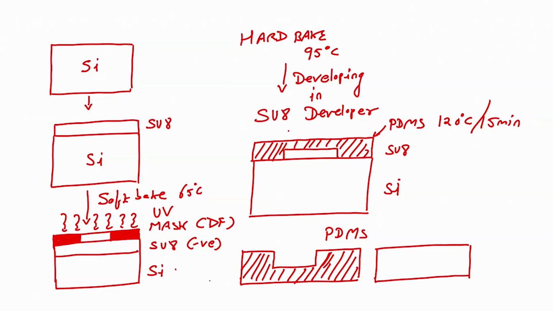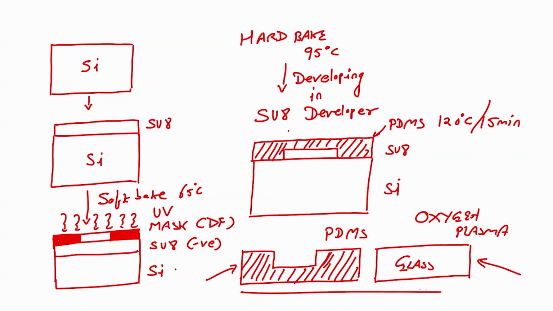and this PDMS and this glass, I will perform oxygen plasma, right, around 100 watts and about 10 millitorr pressure. Once I perform oxygen plasma, I will bond glass and PDMS.